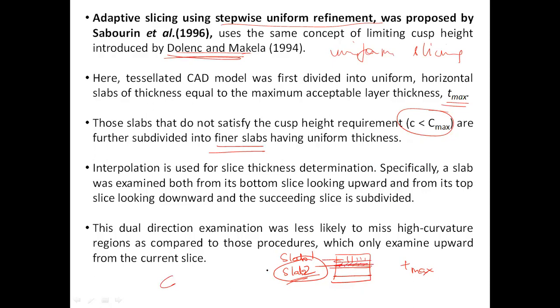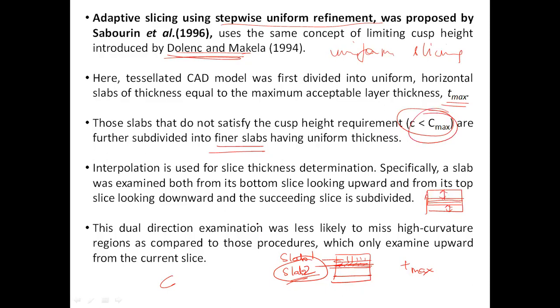So now the surface actually had a sort of adaptive slicing concept, where the first slab was bigger, then there were finer slices, and then again a larger layer thickness. Wherever this condition was satisfied, this concept was taken.